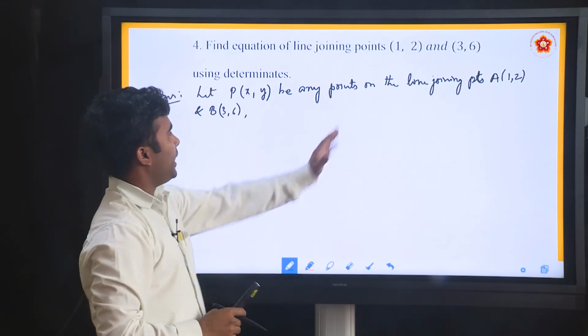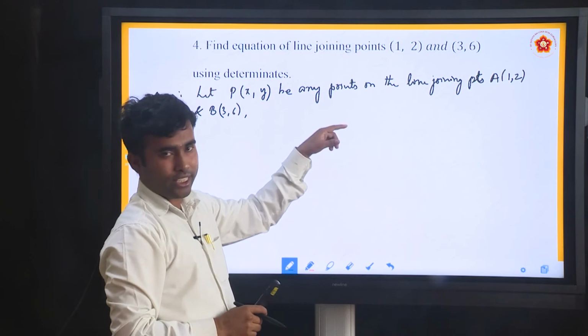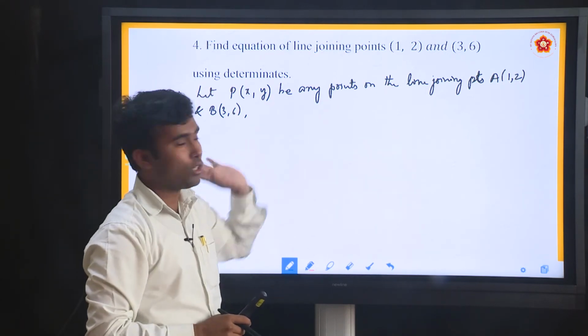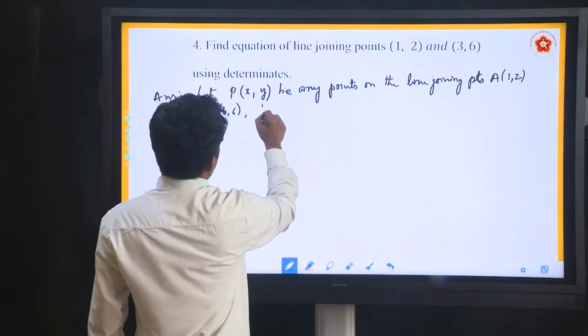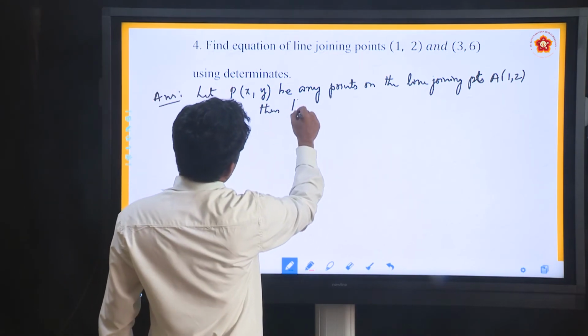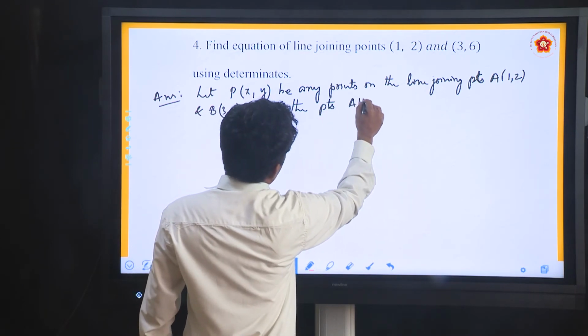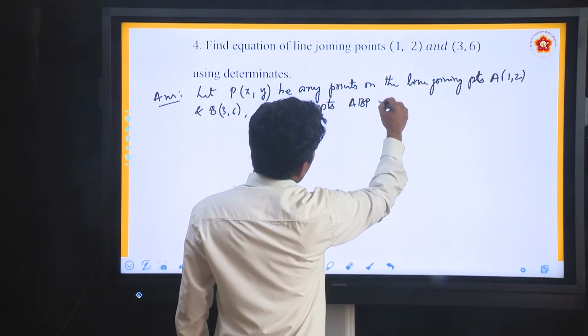Since A and B are on the line joining points and P is also on that line, the points A, B, P are collinear.